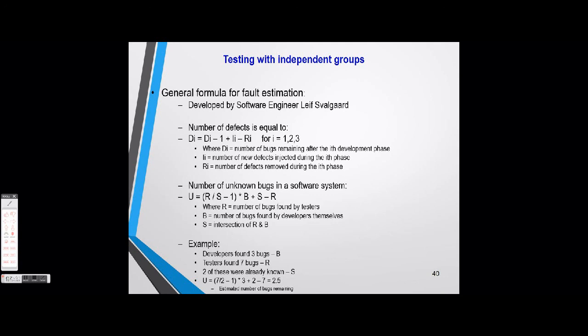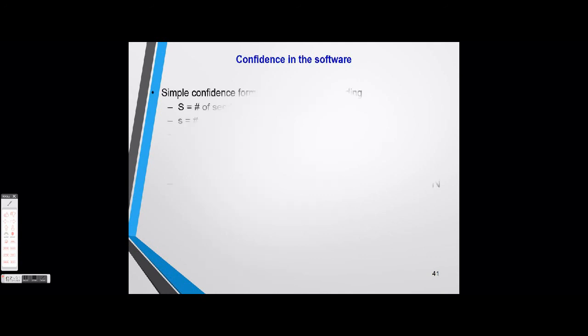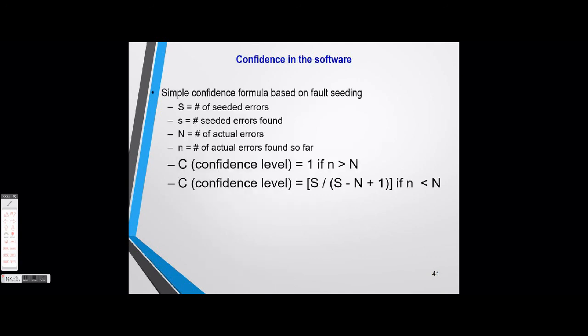So for instance, if your developers found 3 bugs, and your testers found 7 bugs, and 2 of those were already known, then you can estimate you had about 2.5 to 3 bugs remaining. Obviously a very rough estimate. So your confidence in your software is based off fault seeding, and this will give you an idea of when you want to stop your testing. Your confidence level, once again, is based off how many errors you seeded, how many you found, and an estimation of how many might be remaining.